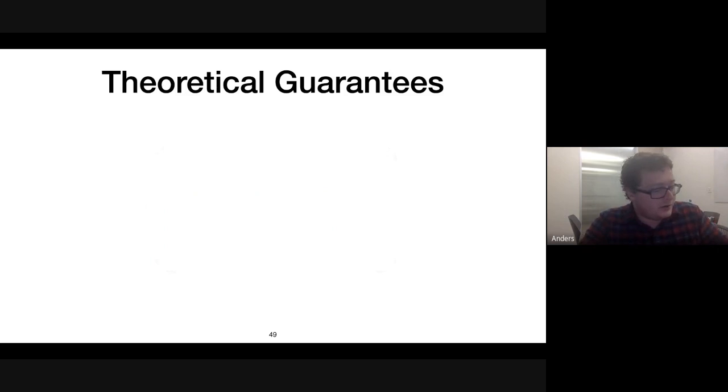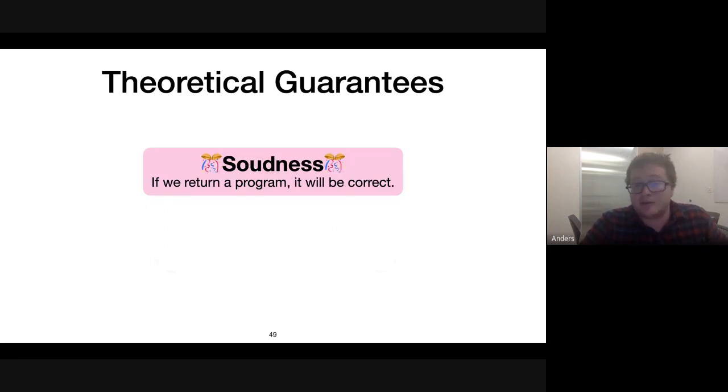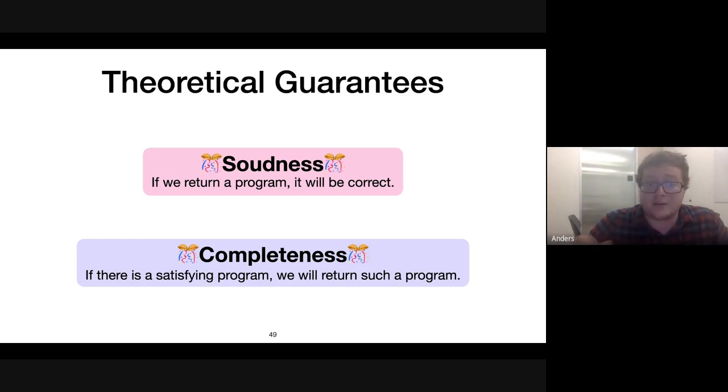We have some theoretical guarantees on this work. Namely, we have soundness. So if we return a program, that program will be correct, and we have completeness. So if there's a satisfying program, we will return such a program. And what's nice is that prior work either had to settle for relative completeness, or they just didn't even have completeness, namely because of how complex reasoning about recursion is.